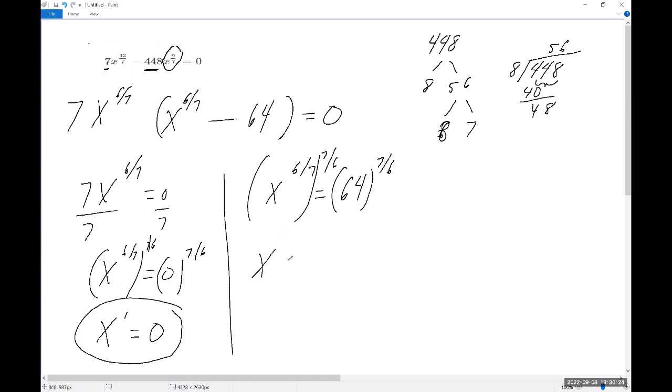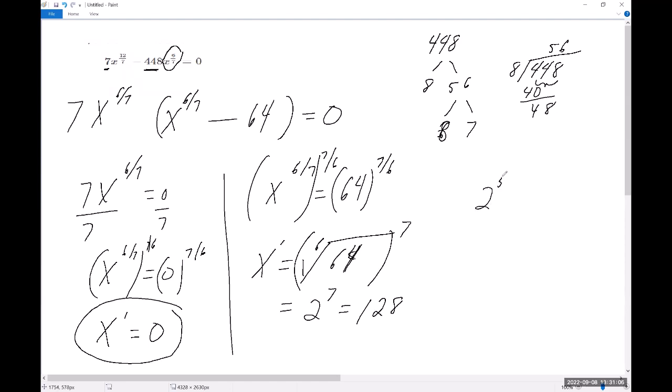So this is going to be x to the 1 is, I need to do the 6th root of 64 to the 7th power, which is 2 to the 7th power, which is 128.